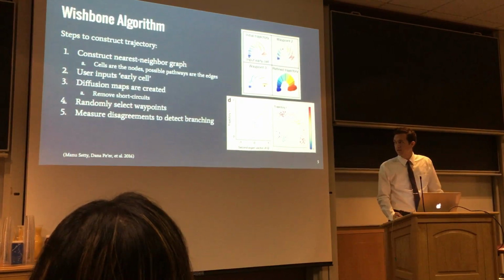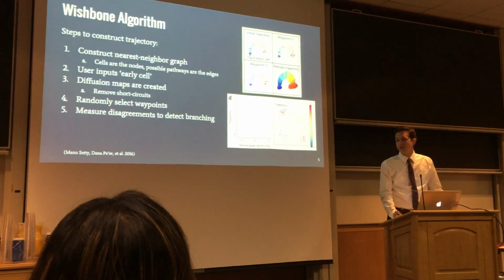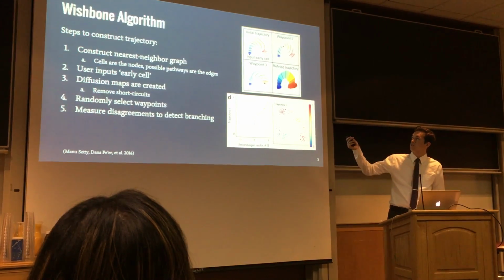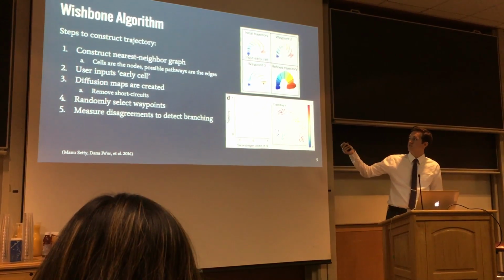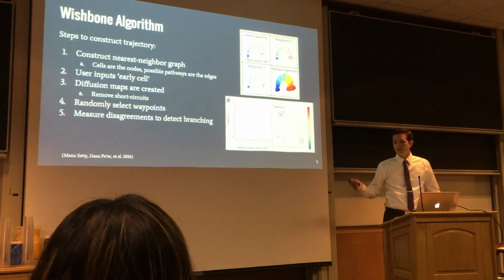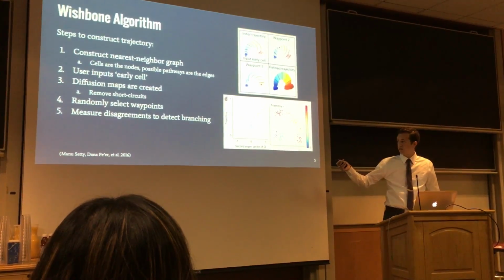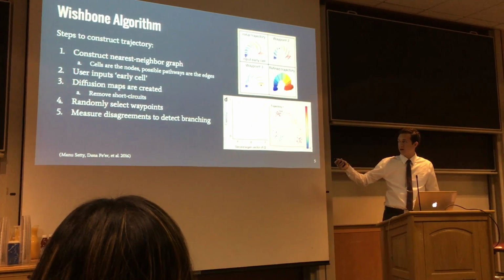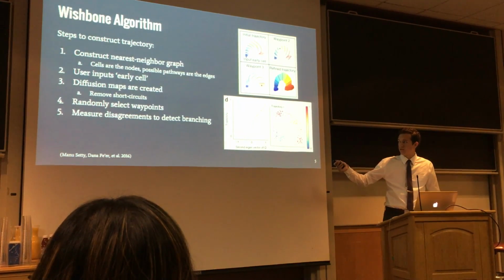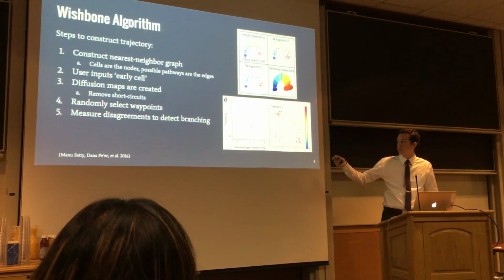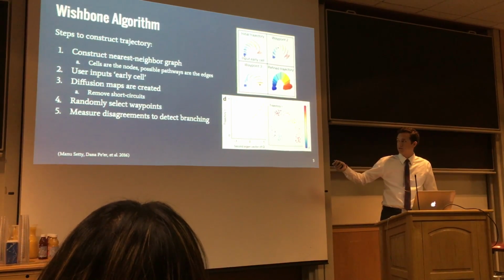dimensionality. So following the reduction of the dimensions, random waypoints are picked along the trajectory, represented by these black dots, and then the cells are grouped, and the groups of cells that have high levels of disagreement, so for example this green cell group and this red cell group, have a high level of disagreement between each other.